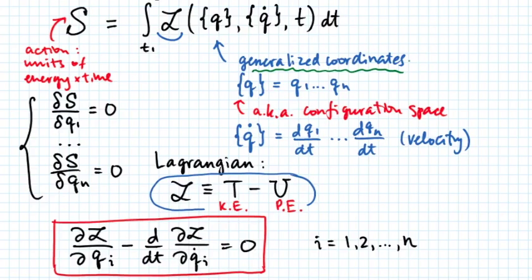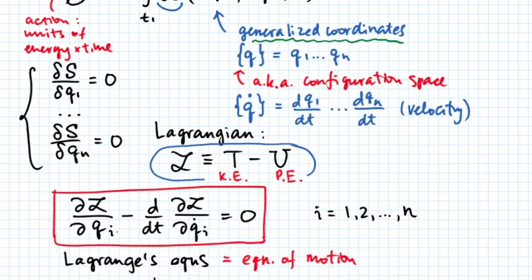And the requirement of stationary action leads to Lagrange's equations, which are written here in terms of partial derivatives with respect to generalized coordinates and generalized velocities.